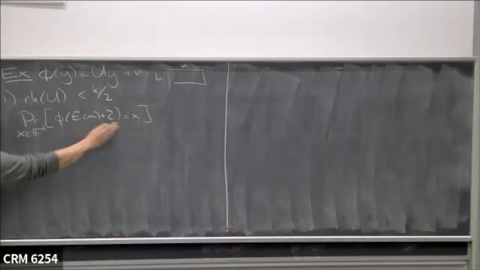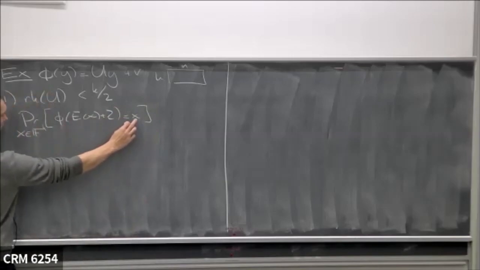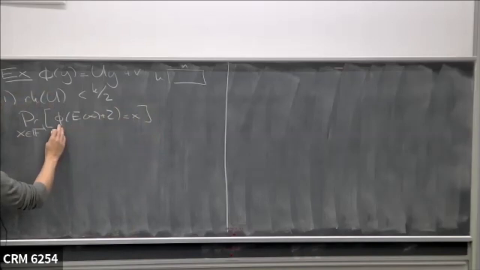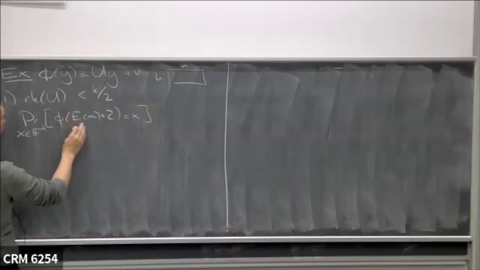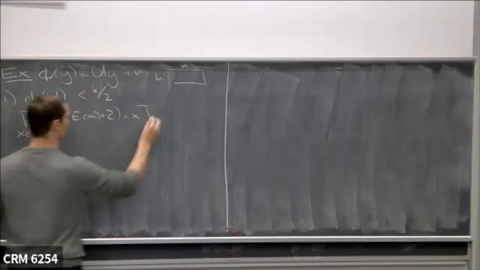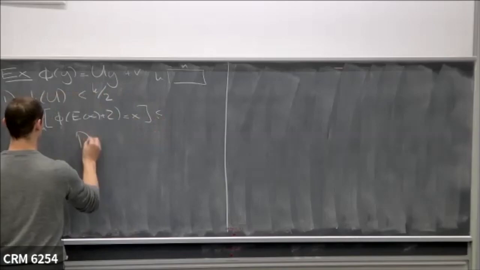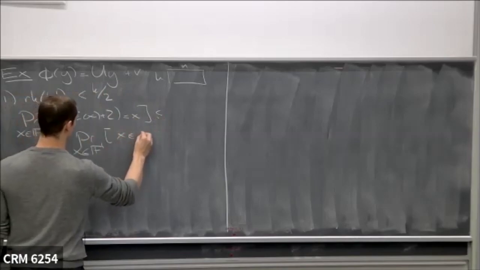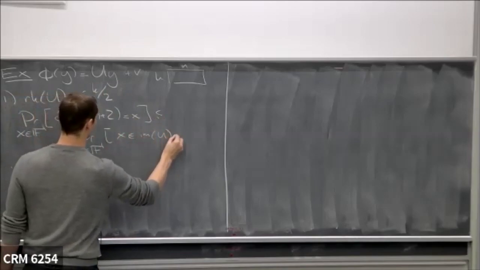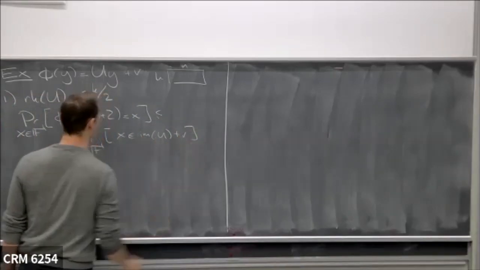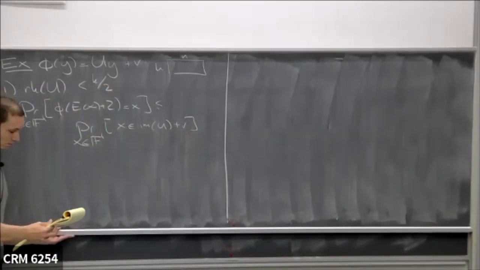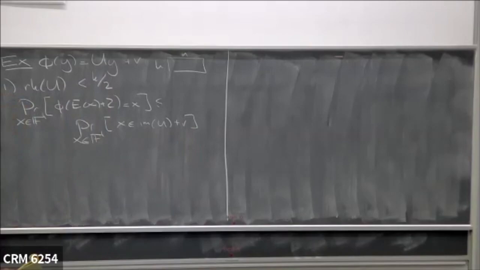So this event happens only if x lies in a coset of the image of phi, particularly the coset of the image of U shifted by v. So this happens only if x lies in the image of U plus the shift v. But since U has rank at most k over 2, this happens with exponentially small probability.